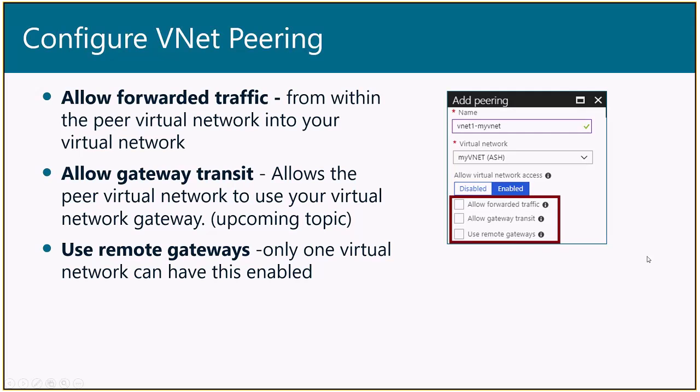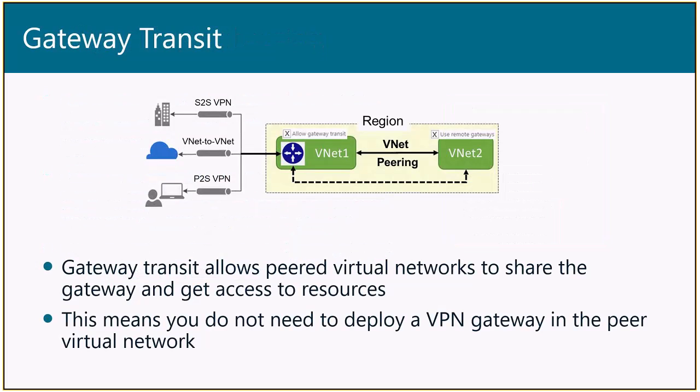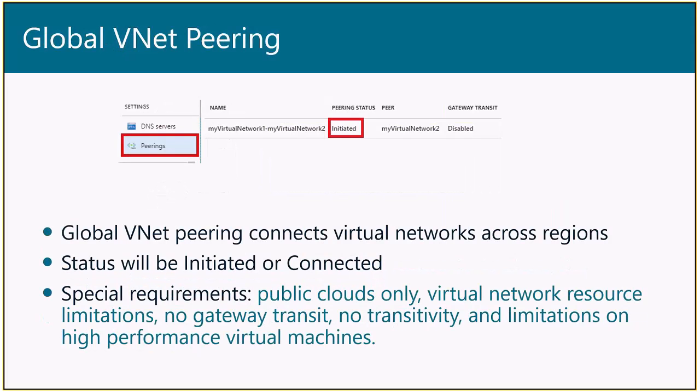So you have 3 different options, and we did the forwarding. Gateway transit allows a peered virtual network to share the gateway and get access to the resources. You do not need to deploy a VPN gateway if you're doing this VNet peering.